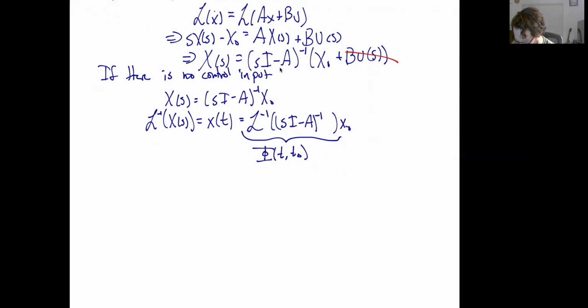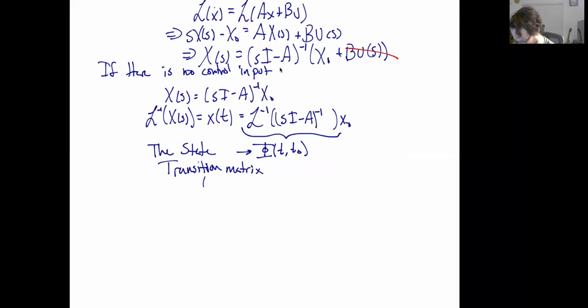And this capital phi is what we call the state transition matrix, or just STM for short.